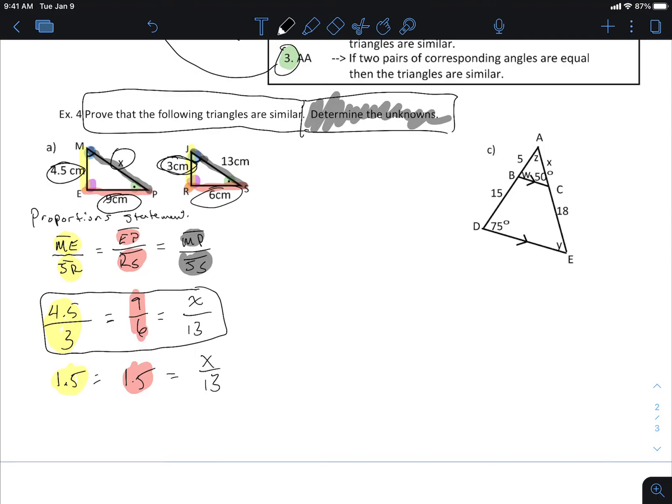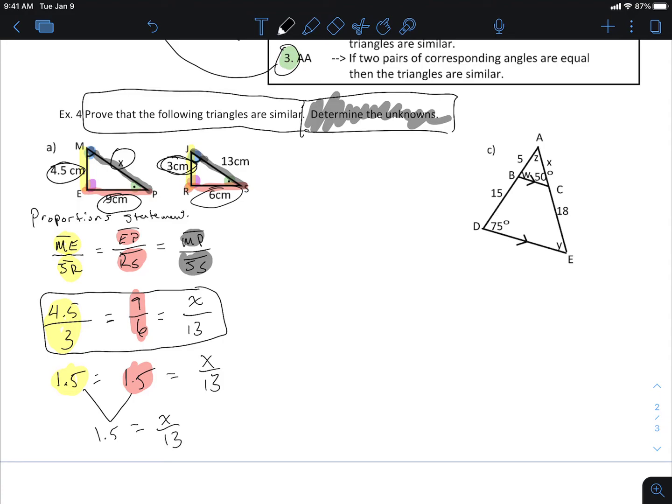So how would I find x in this scenario? Well, 1.5 equals 1.5, those two things are equal. So you're just going to write 1.5, and that's equal to x over 13.